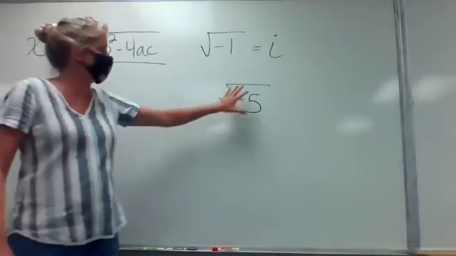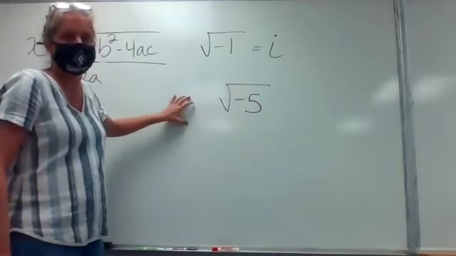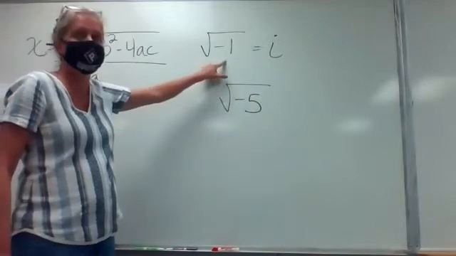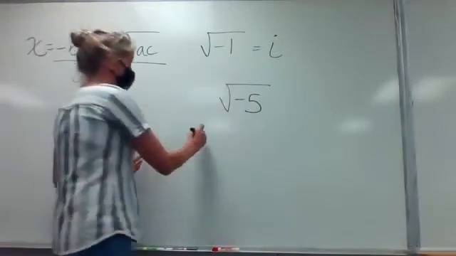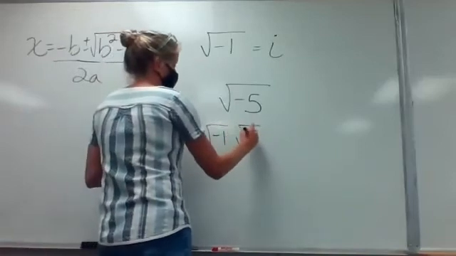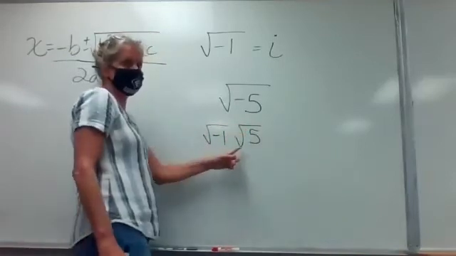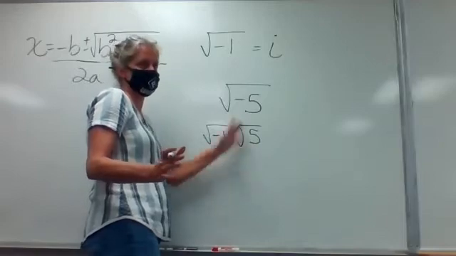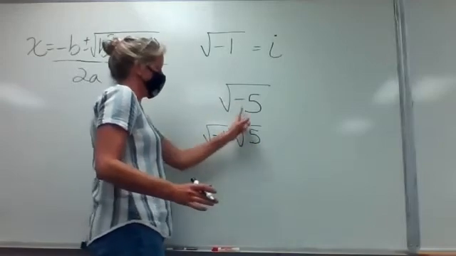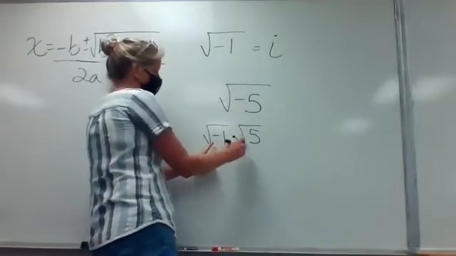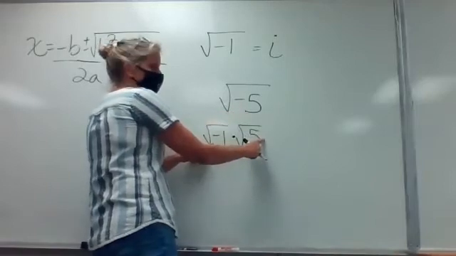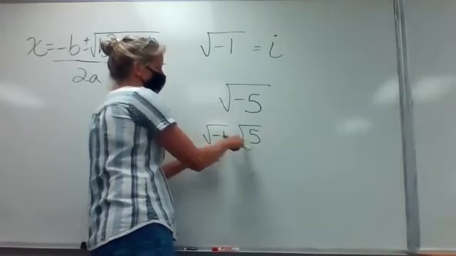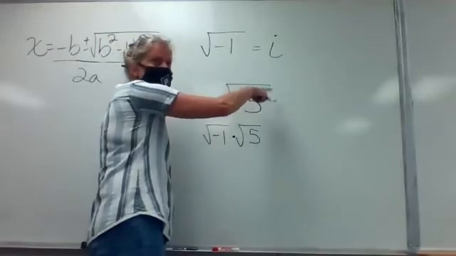So how you're going to fix it is you're actually going to pull out the square root of -1. Or in other words, turn it into this. We're not going to actually go through all these steps. We're just going to jump to the end of it. But this is what's happening here. I can break this square root up to anything I want as long as these two numbers multiply to what's under the original.